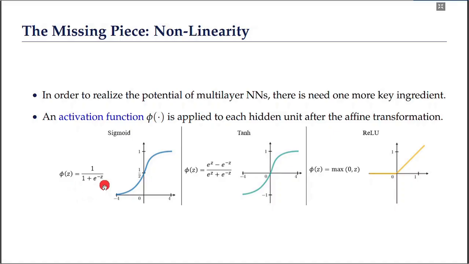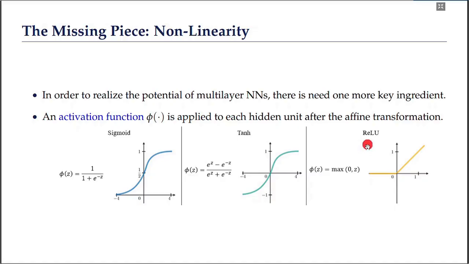The tanh activation function squashes any input into the interval -1 to 1, so for any value of z, the output will be between -1 and 1 inclusive.